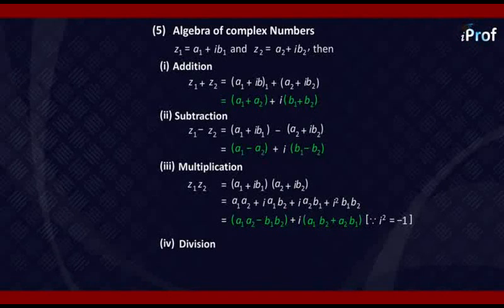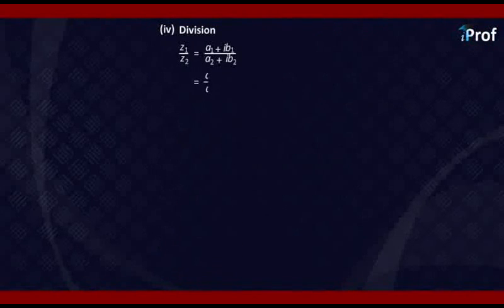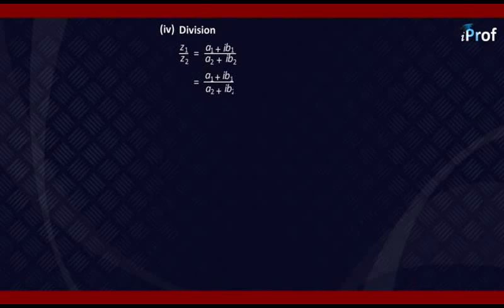To find the division of two complex numbers, let's find Z1 by Z2, where Z1 is equal to A1 plus iota B1, Z2 is equal to A2 plus iota B2. So, A1 plus iota B1 divided by A2 plus iota B2, we multiply and divide by A2 minus iota B2 and A2 minus iota B2.